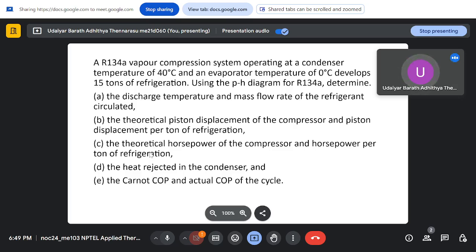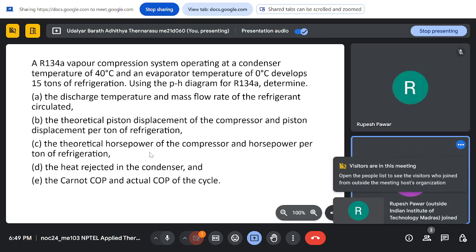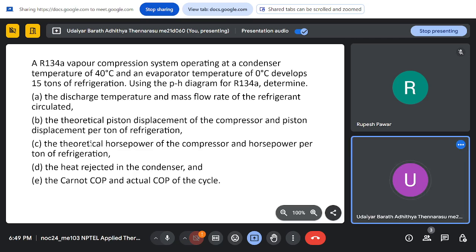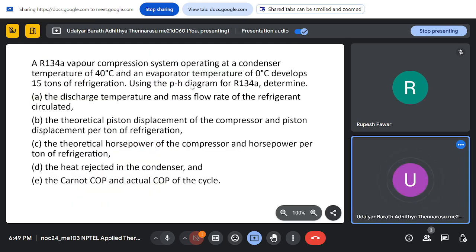So that is part A. Then we have to find out the theoretical piston displacement and the piston displacement per ton of refrigeration. Then we need to also find out the work done or the power requirement, and also heat rejection and the COP. So we'll see how to solve this. For this you have to use a pH diagram.